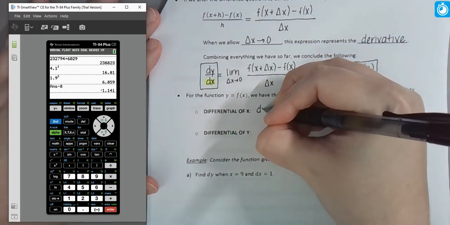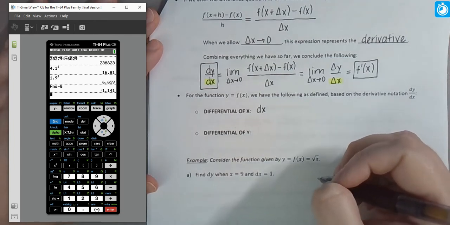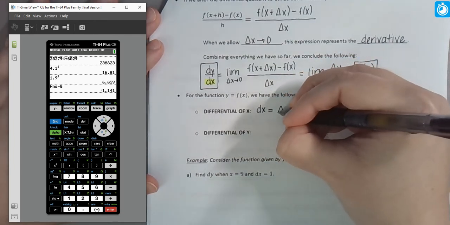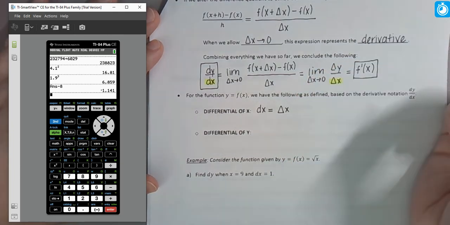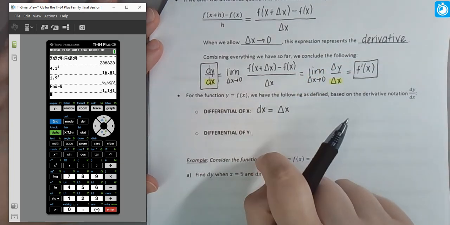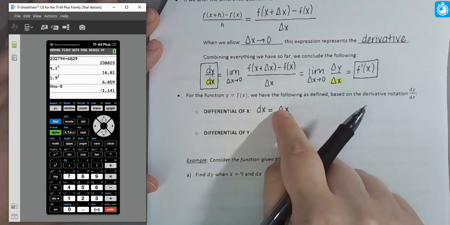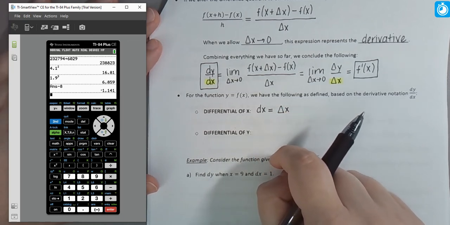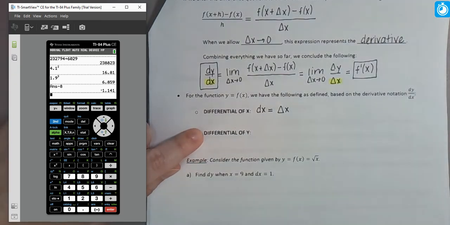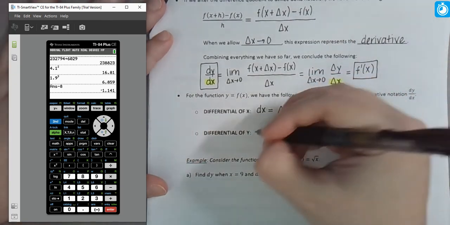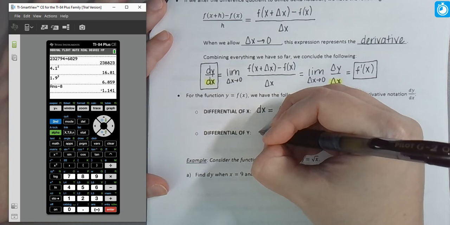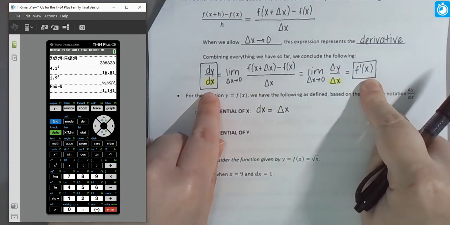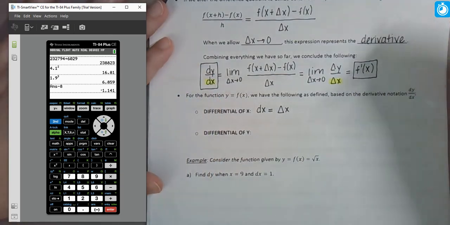So the differential of x, what we're going to call dx, is going to be equivalent to delta x, just change in x, small amount of x, or small amount of change in x, we can also just call delta x. What we're more interested in is the differential of y at this moment. So dy is going to be related here. So imagine taking this, imagine writing an equation that just has that.